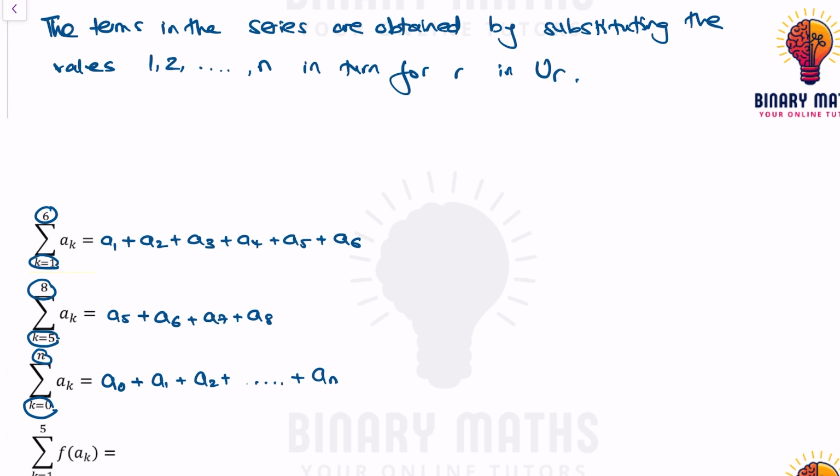Okay, next one, we're starting from k equals 1. So if I substitute 1 into this expression, then I get f of a1. All the way up to 5 I need to go, so f of a2 plus f of a3 plus f of a4 plus f of a5, which is the last term. That's it.